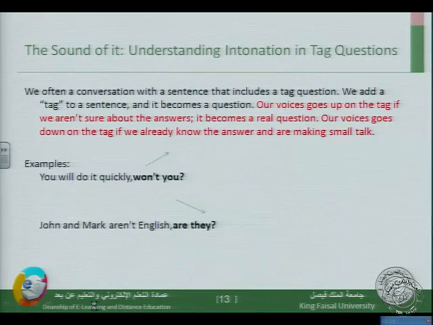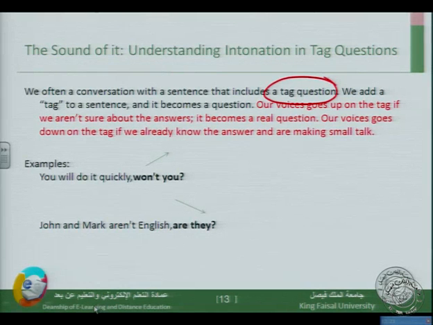Cool. Let's move on. The sound of it: understanding intonation and tag questions. You know, we often use in conversation a sentence that includes a tag question. A tag question: we add a tag to a sentence and it becomes a question.